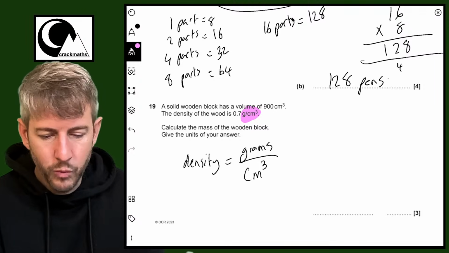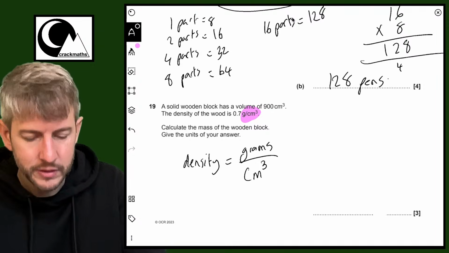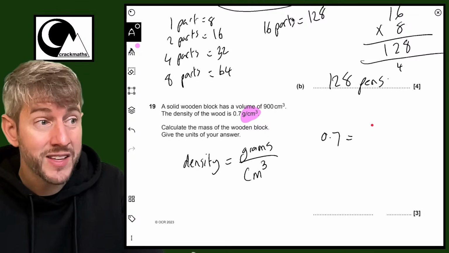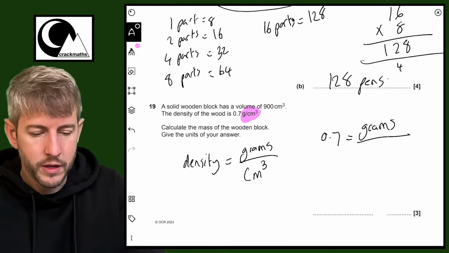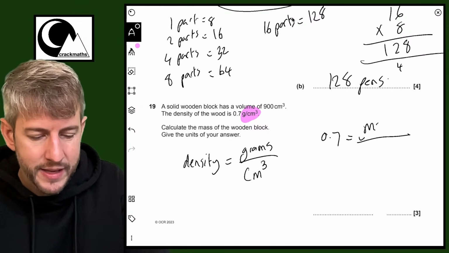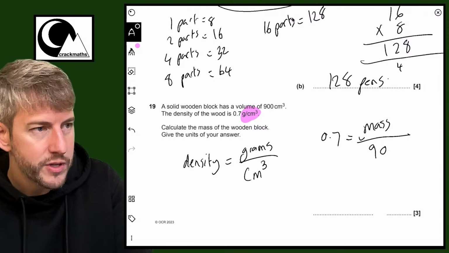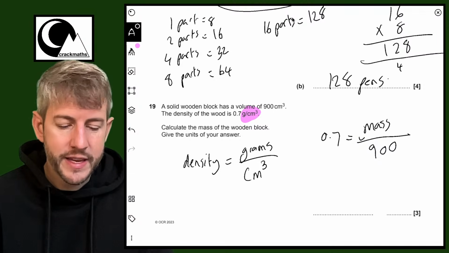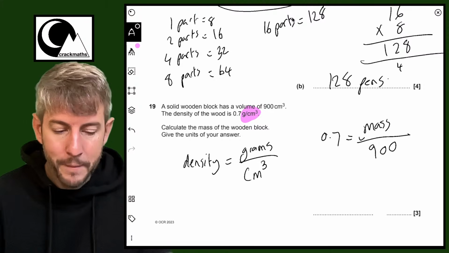So 0.7 is equal to the mass over the volume, the centimetres cubed, which we know is 900. So 0.7 is equal to the mass divided by 900.